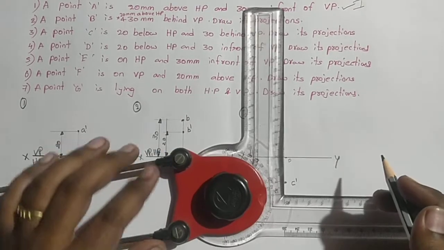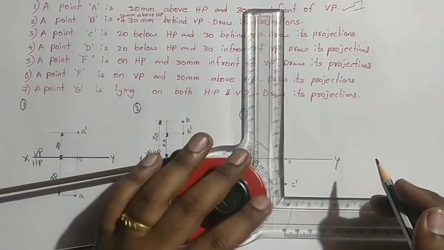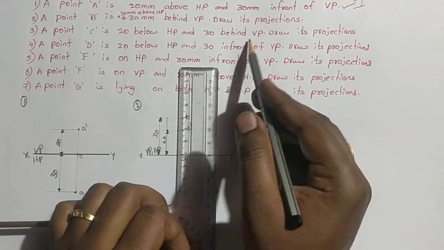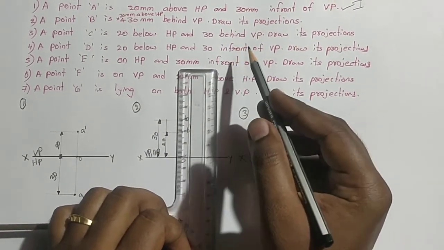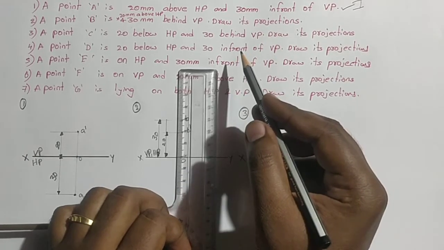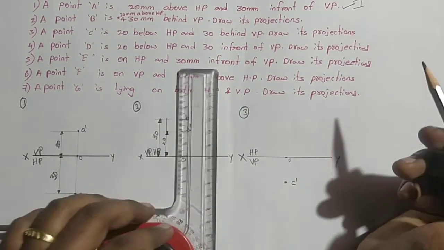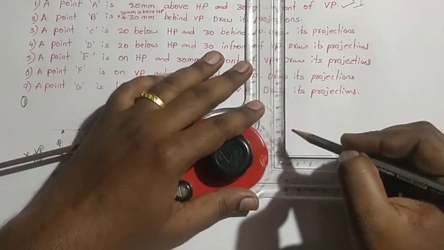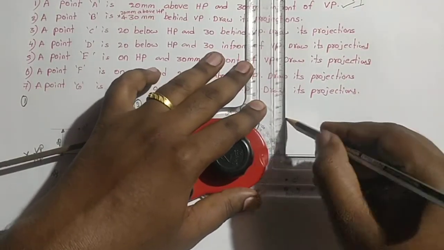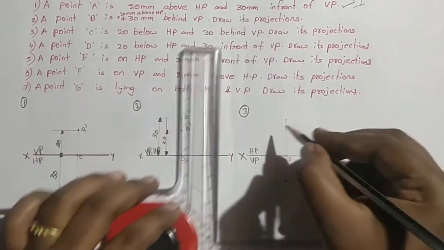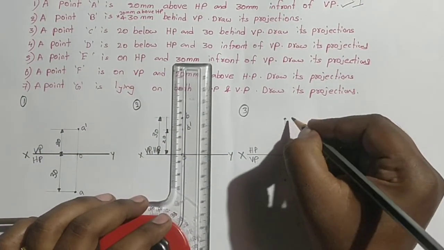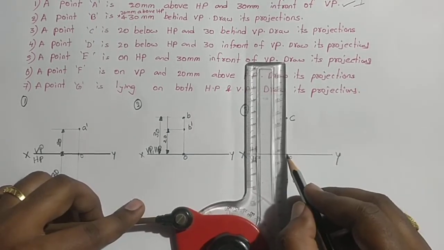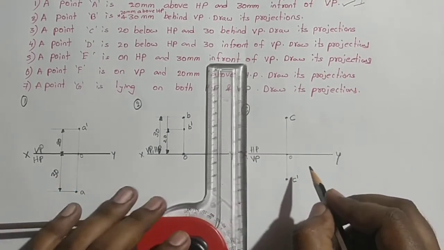Next we need to draw the top view. Here the top view is given as 30 mm behind VP, which means when we rotate the horizontal plane 90 degrees clockwise, it will come above HP. That means 30 mm from this point. It is the top view, and this one is the front view.